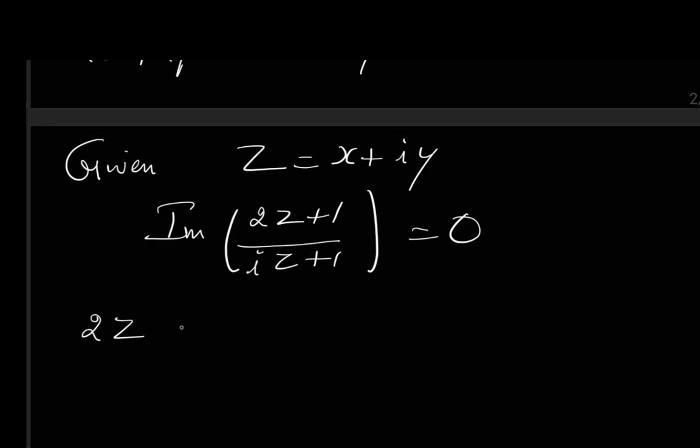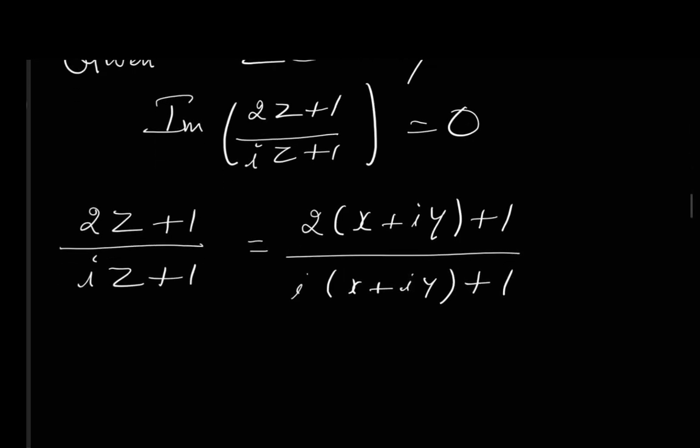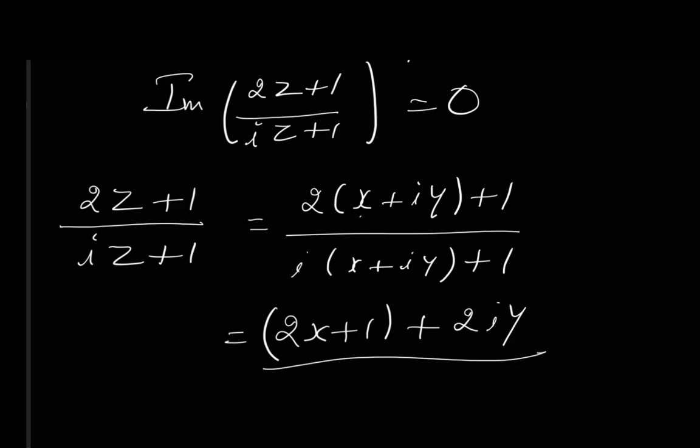Let me take this term (2z plus 1) by (iz plus 1). Replace z as the complex value: (2(x plus iy) plus 1) by (i(x plus iy) plus 1). 2 into x is 2x, plus 1 is the real value, plus 2iy is the imaginary value.